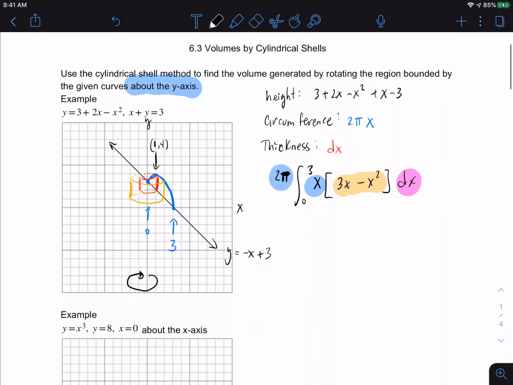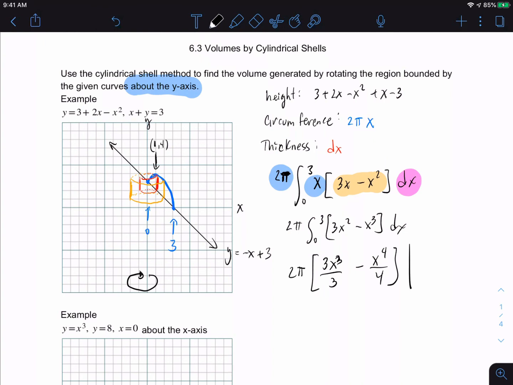And so I'm going to do the integral for you guys. It's going to be 2 pi from 0 to 3 of 3x squared minus x cubed dx. So I'm going to get 3x cubed over 3 minus x to the 4th over 4, that whole thing times 2 pi, evaluated from 0 to 3. Well, if we plug in 0, we know it's going to be 0.